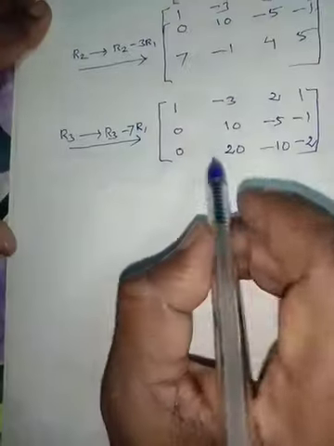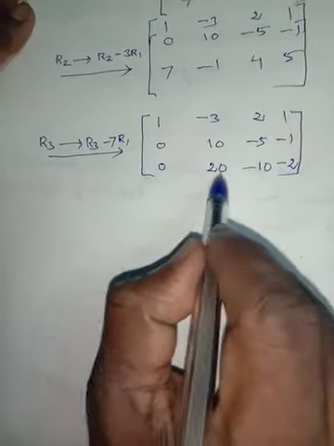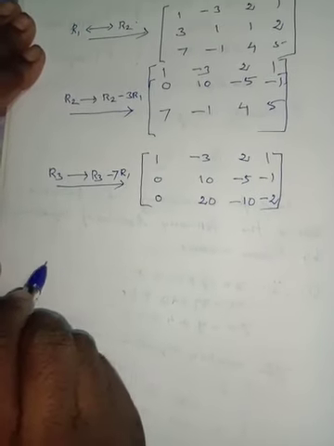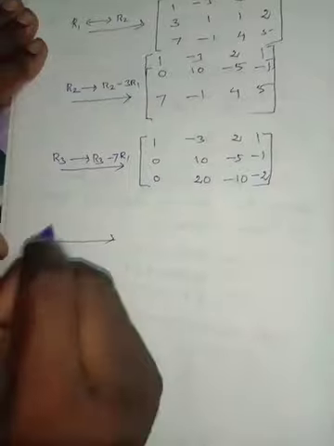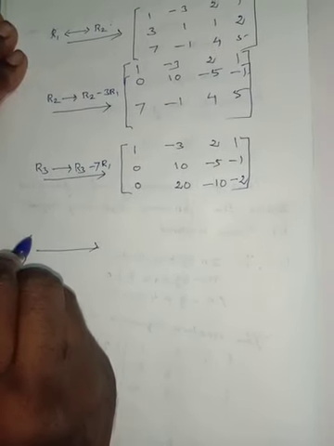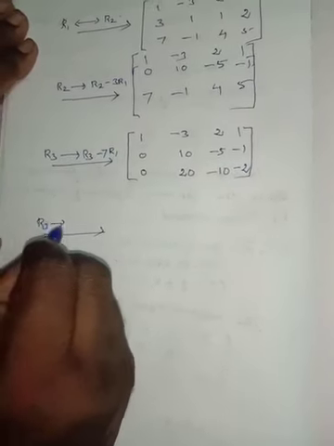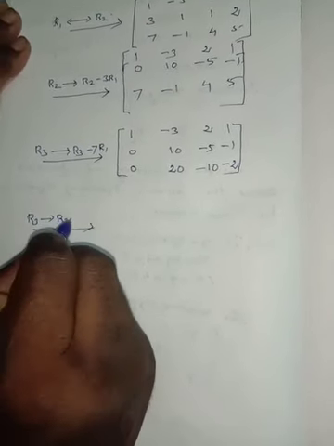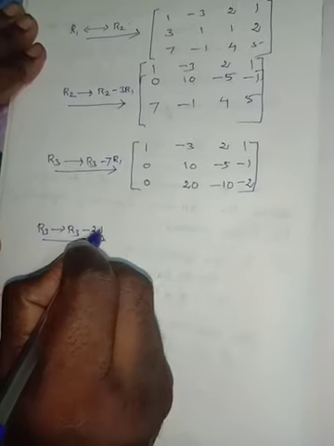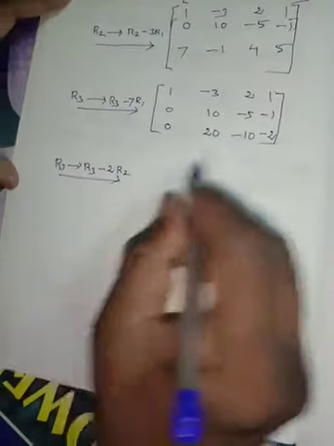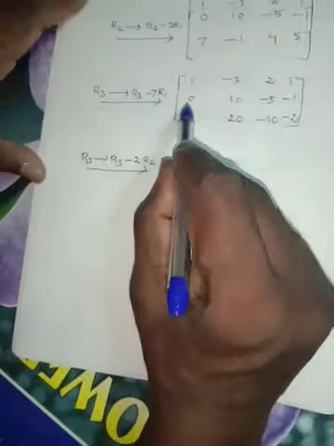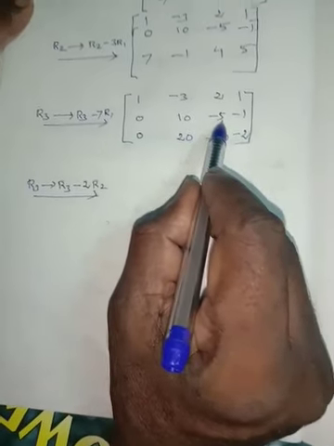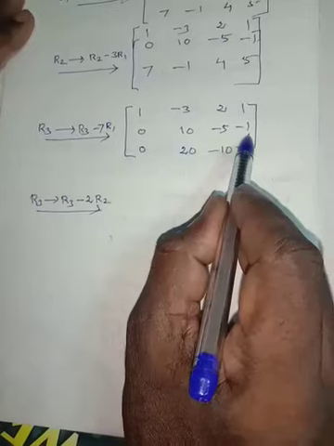Now change 20 into 0. The rule is new R3 implies old R3 minus 2 into old R2. Multiply the second row by 2: 0, 20, minus 10, minus 2.